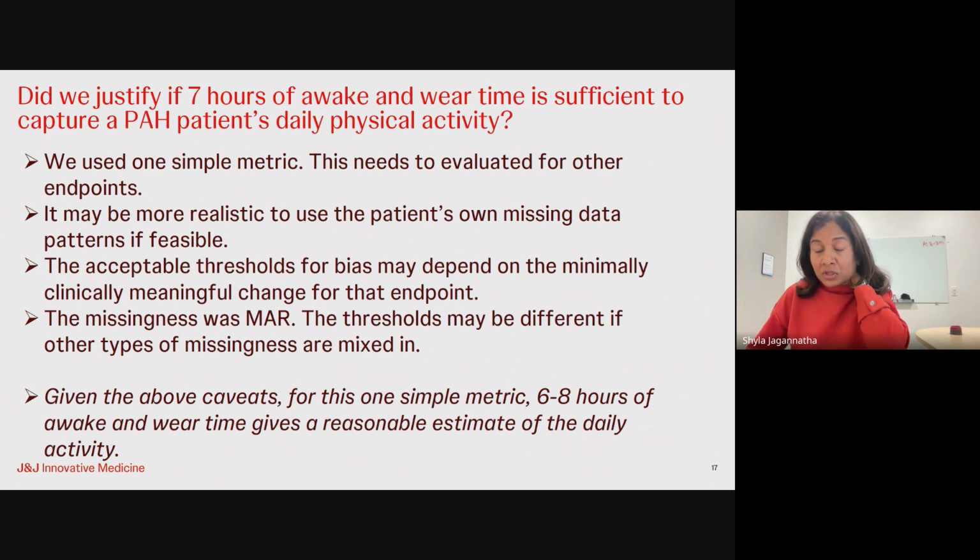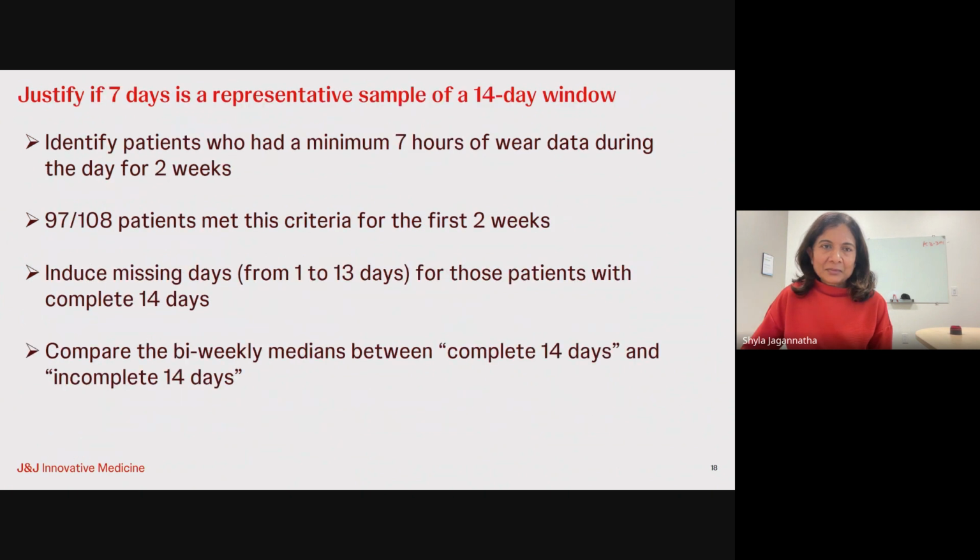The missingness that was induced assumed missing at random, and as I think the previous speaker also said, in digital health, missing at random really is questionable. Given all these caveats, 6 to 8 hours of awake and wear time gives a reasonable estimate. So 7 hours was acceptable, but there are a lot of caveats. Next slide.